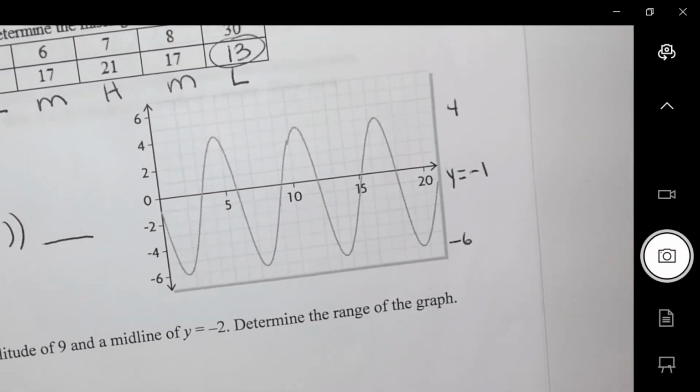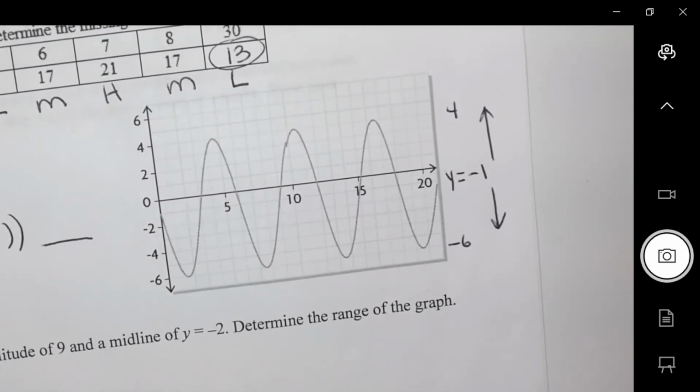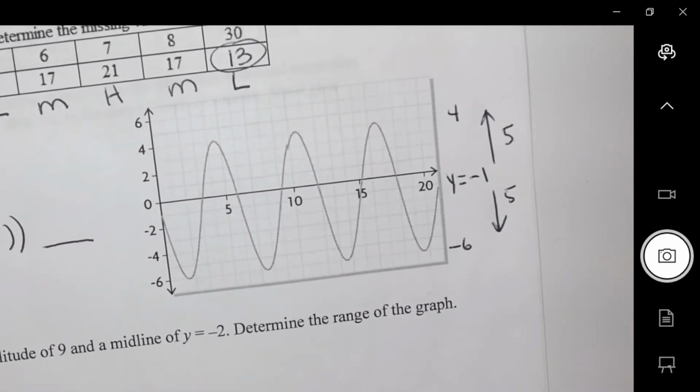So -1. How much spacing is there? So 5. Okay, amplitude is 5.